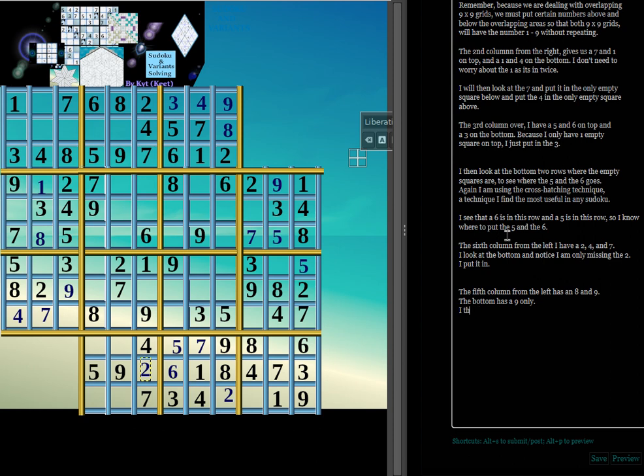I then look at the third row from the very bottom, and look for a 8 or a 9.